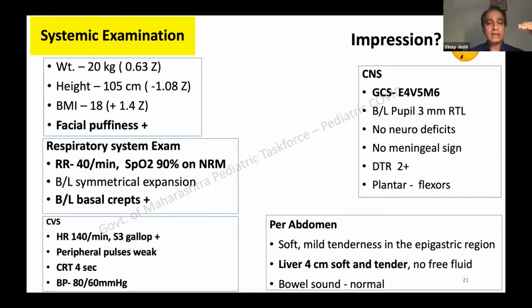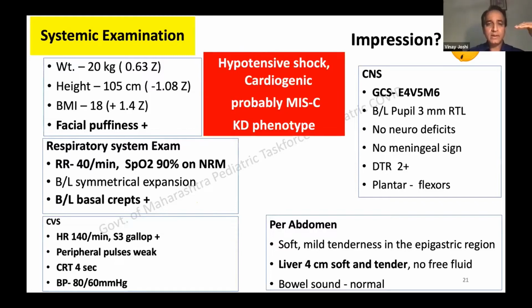So definitely the child has cardiorespiratory system involvement. The child is in hypotensive shock and most probably cardiogenic in origin, because there is an S3 gallop and the liver is 4 centimeters below the costal margin, soft and tender. So there is tender hepatomegaly of congestive cardiac failure. And what you see is probably coming from multi-system inflammatory syndrome of children.